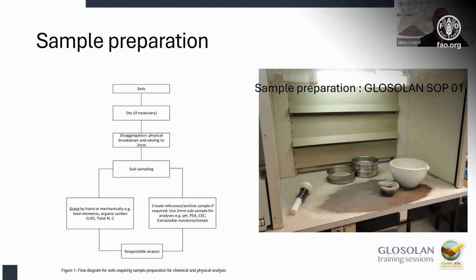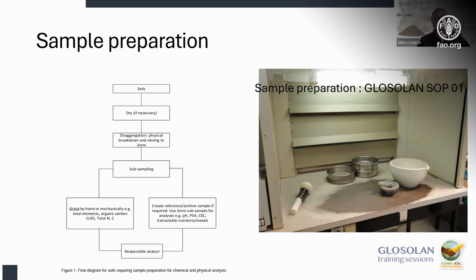But if you want to have a good representation of what is really in the soil at the moment where you do your sampling, drying is not a good option. So some analyses should be made on dry soils and others should be made on fresh soil.